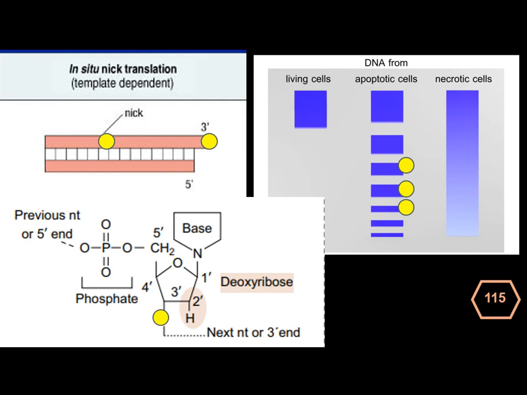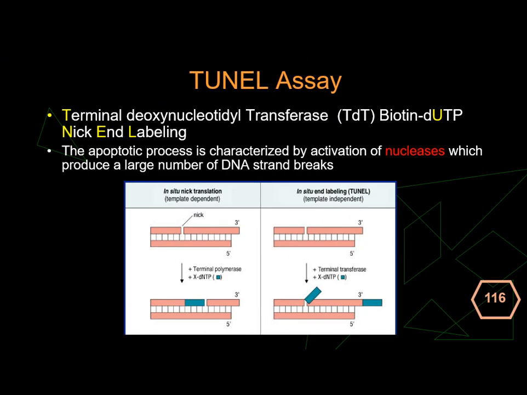So I can add the nucleotide at the broken 3' end, and it should show fluorescent dye, right? Using this concept, that's the TUNEL assay: terminal deoxynucleotidyl transferase, TdT, with dUTP, that's the fluorescent that gets hooked up at the end of the nucleotide.